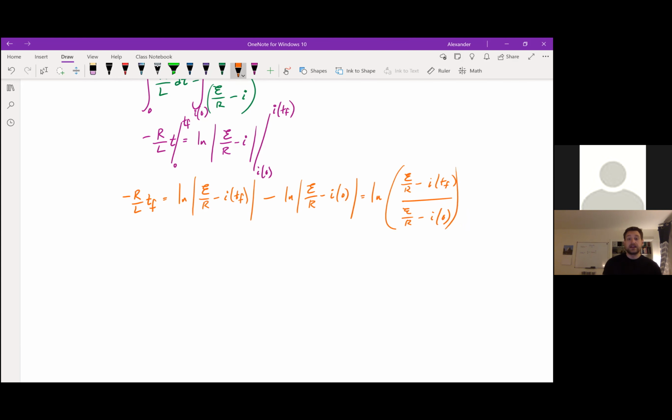And now we can exponentiate both sides. And we can do away with the t sub F indication. Doesn't matter what we call it. It was a variable of convenience.